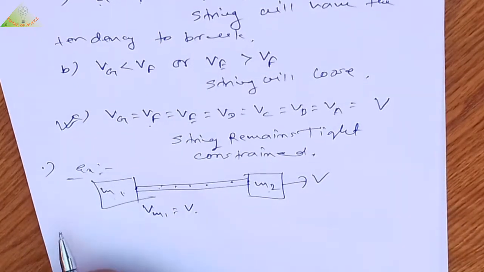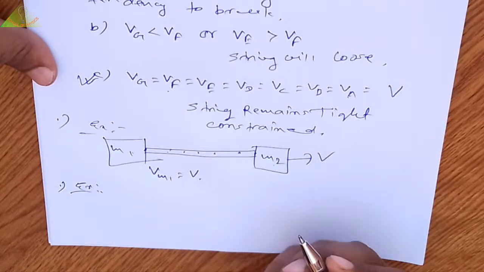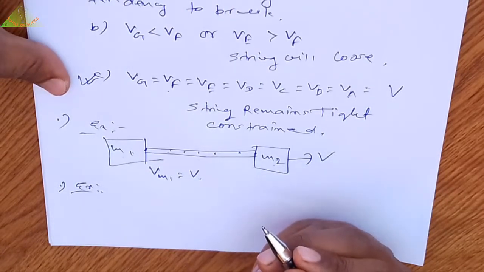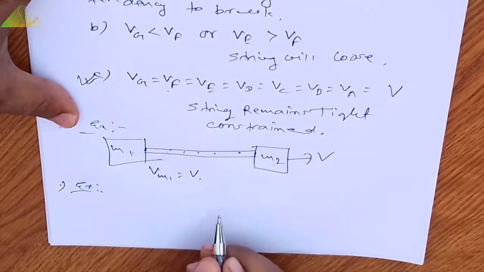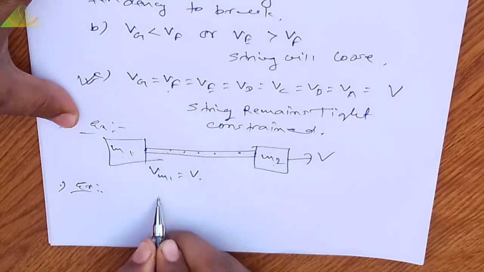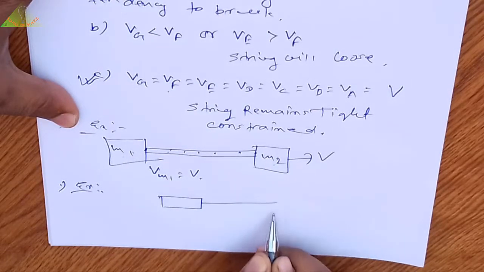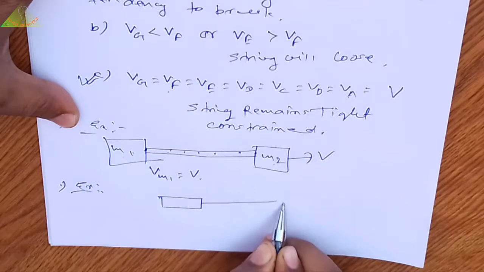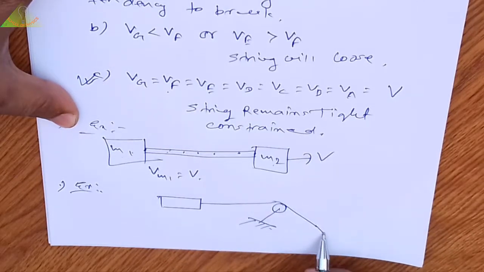Now I am taking one more example. Another example for this string constraint: suppose this is one block system, and this block is connected with this string with a small pulley. I will be discussing this pulley in a separate chapter.